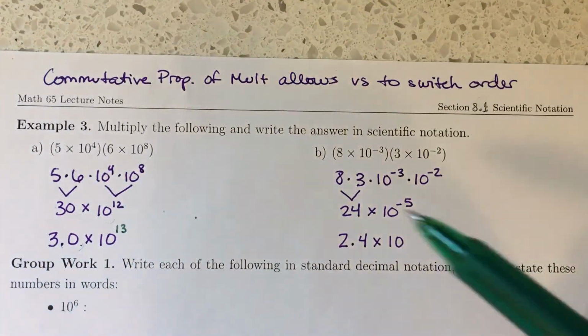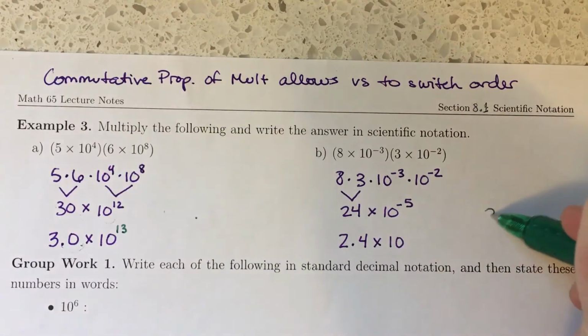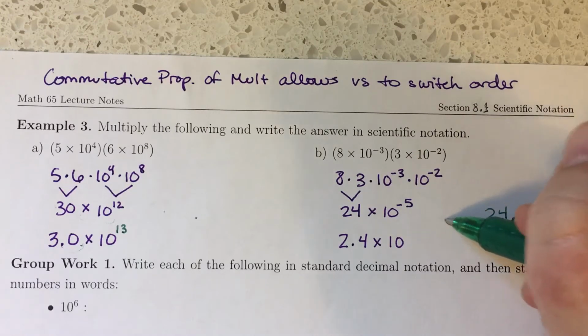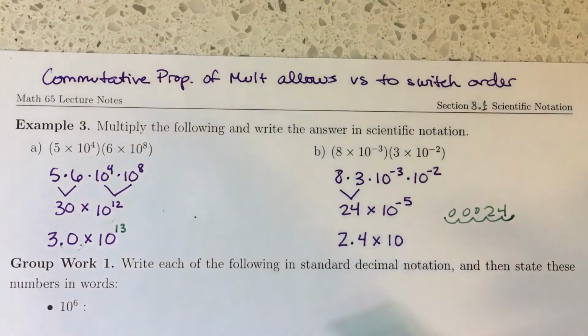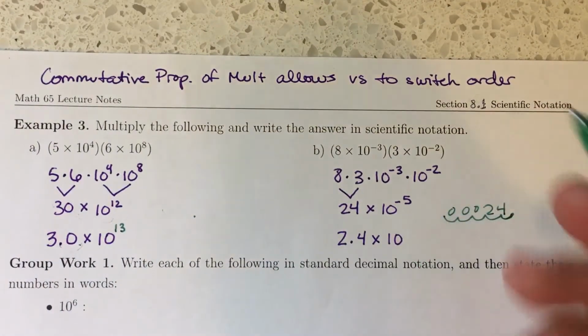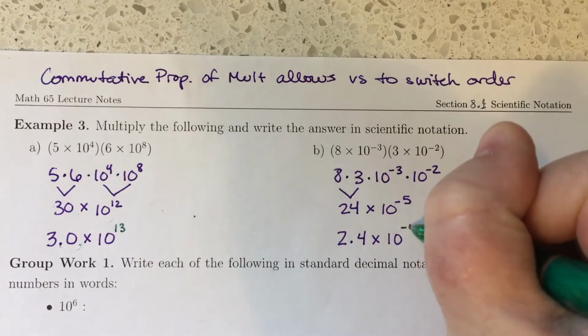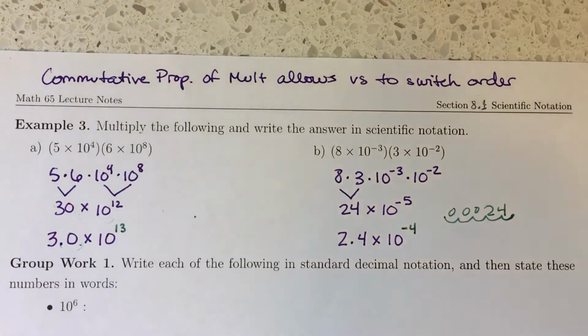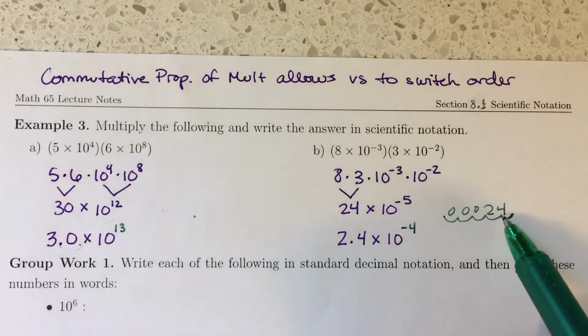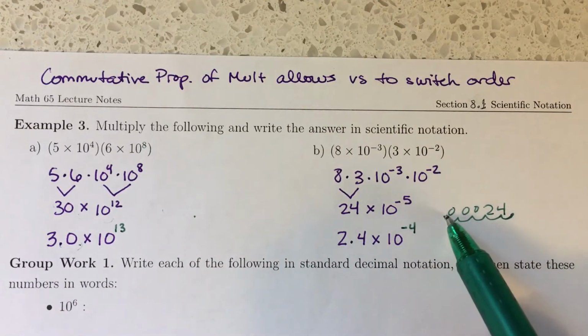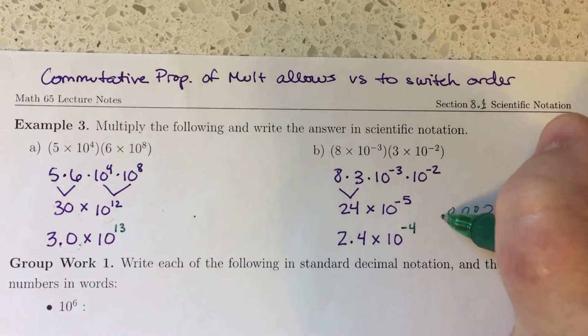So 24 times 10 to the negative fifth, I'd be moving this decimal point back 5. So 1, 2, 3, 4, 5. So I would have these 3 zeros in front. Again, just like this one, I need to add to the exponent, but adding 1 to negative 5 makes it negative 4. So 2.4 times 10 to the negative fourth, if I start here, would give me that same location for the ending decimal point.